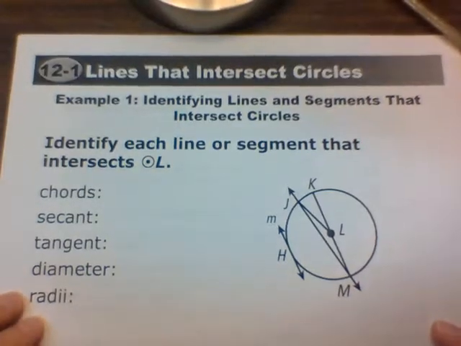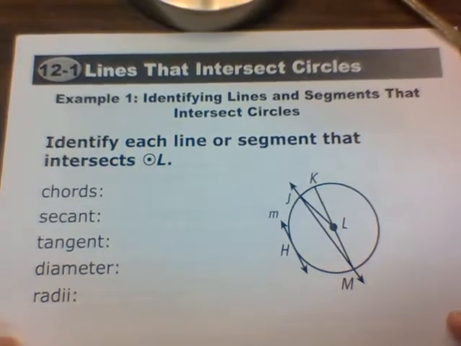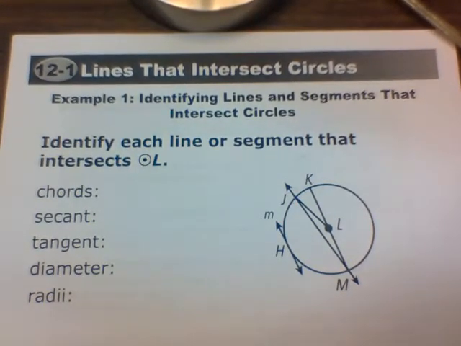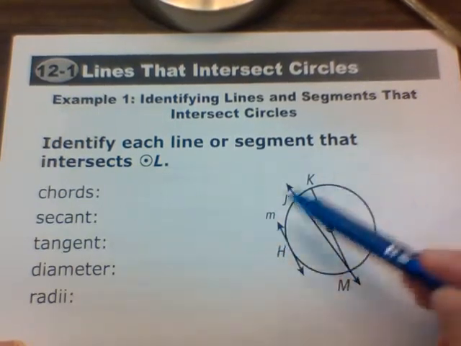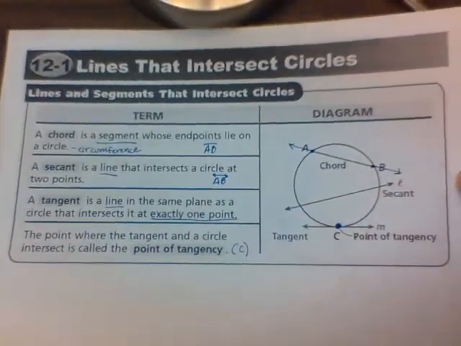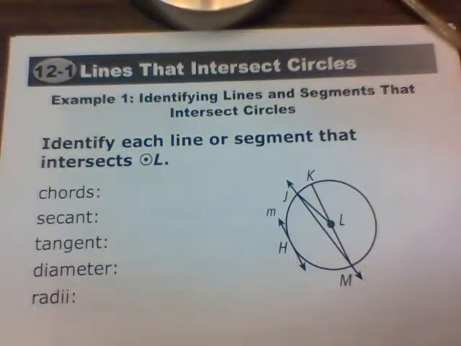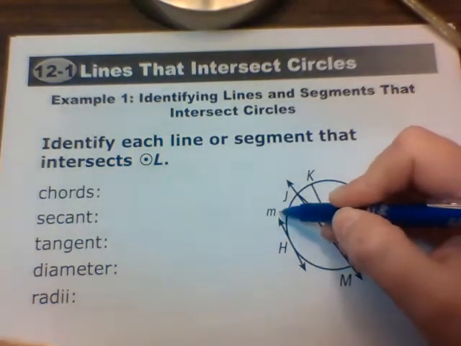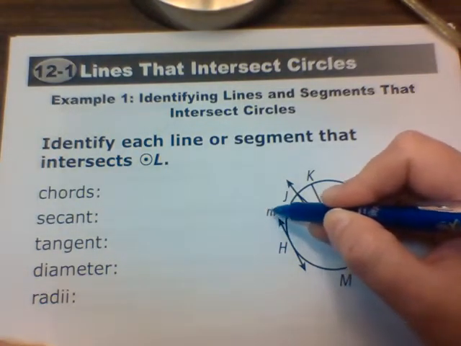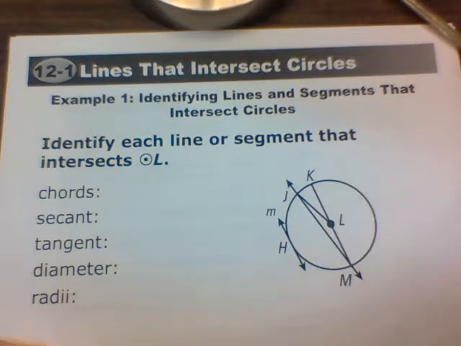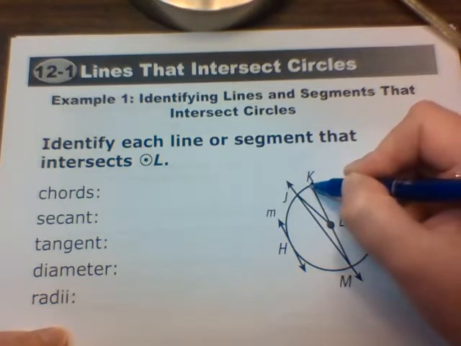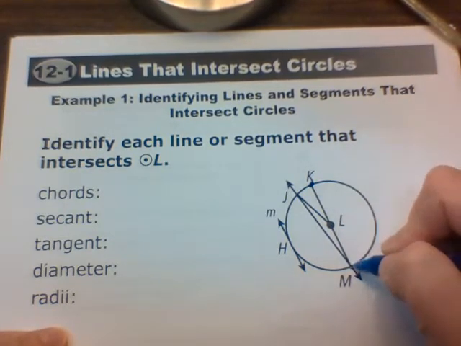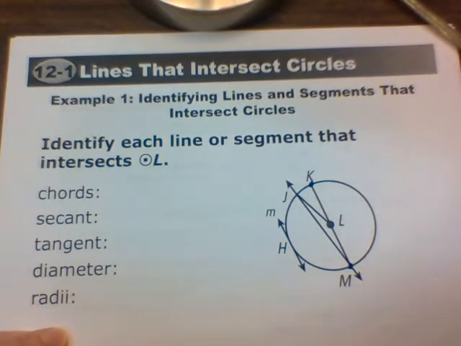All right, so then we're going to identify a few of these things, knowing that a lot of geometry is this new language. So here we go. So we're going to identify a chord from this image. And remember that from our definition from the previous slide, a chord is a segment whose endpoints lie on the circle. So we can't, for instance, use this letter here, because remember that this kind of fancy M here just means line M, and chords are not lines. So I need something that is on one edge of the circle, on another edge of the circumference of the circle, and stops.